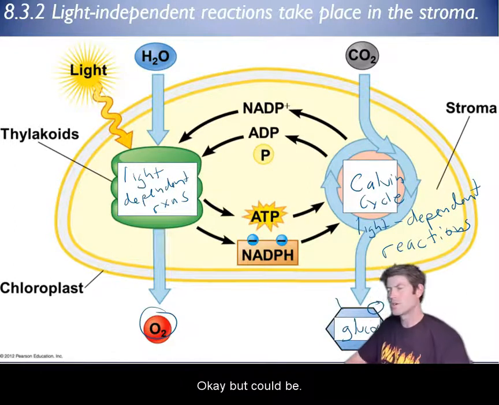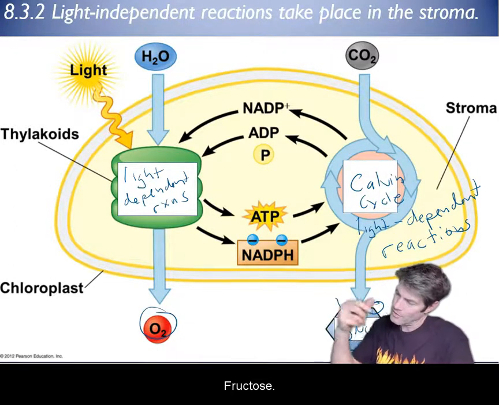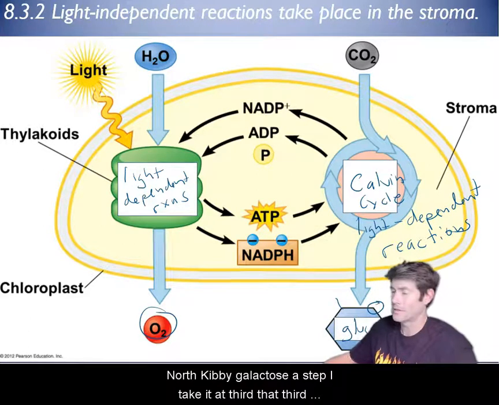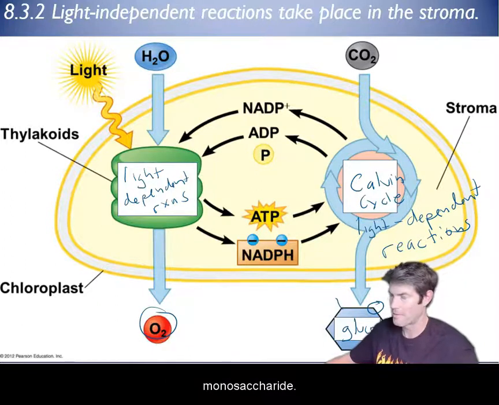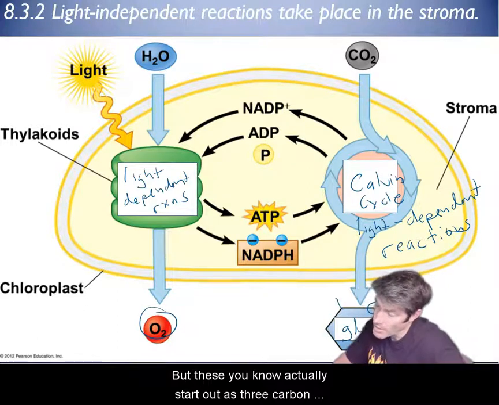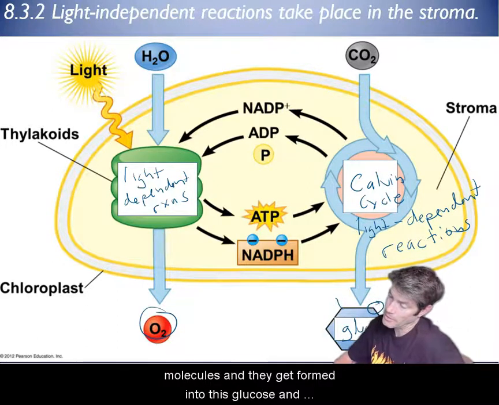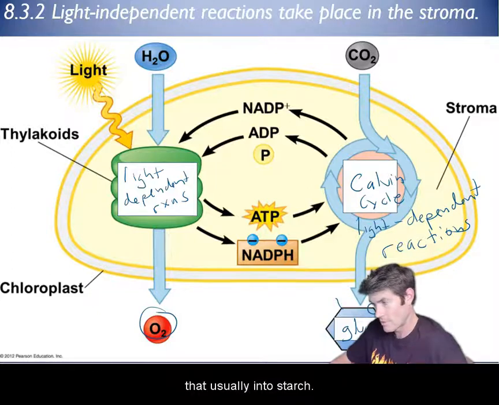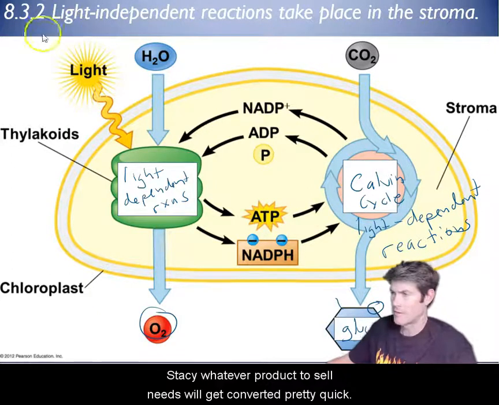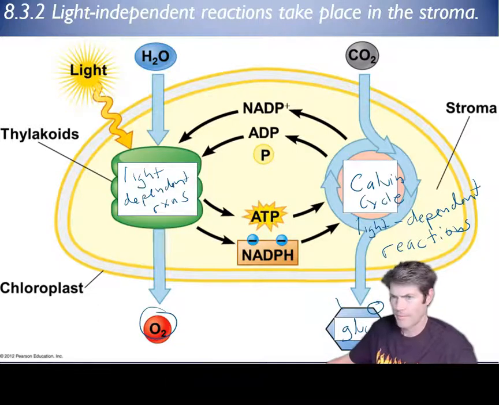Okay, but it could be a fructose, or it could be galactose. I couldn't think of that third monosaccharide. But these actually start out as 3 carbon molecules, and they get formed into this glucose, and then usually into starch. Basically, whatever product the cell needs, it'll get converted pretty quickly.